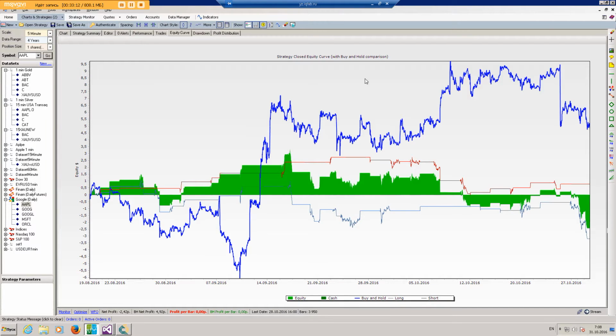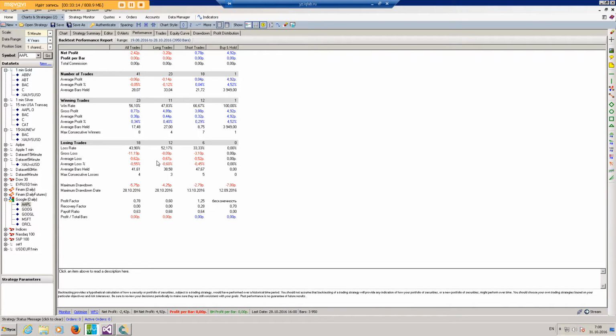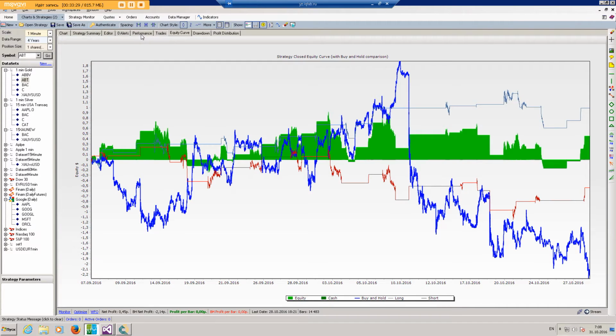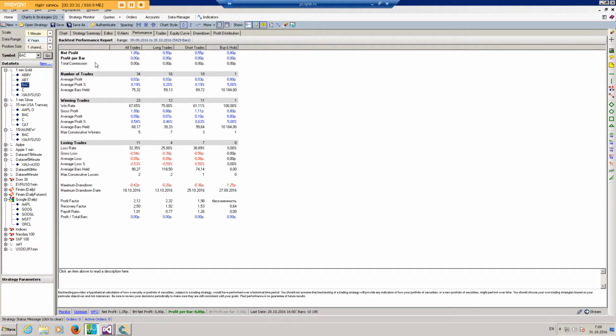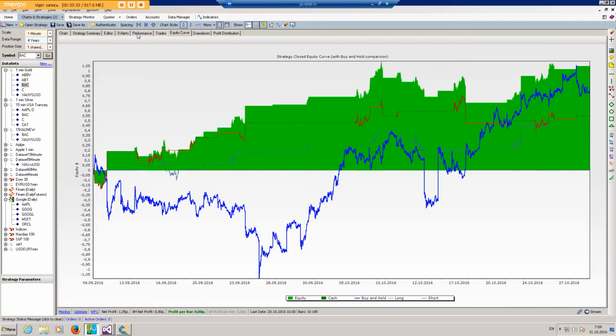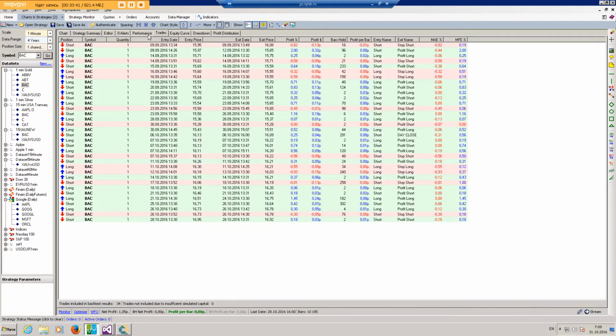Well, anyway, you have to try it with different symbols. This is not meant to be working with, well, it looks like ABT, BAC. Oh wow, this is 1 minute BAC, and does that work?